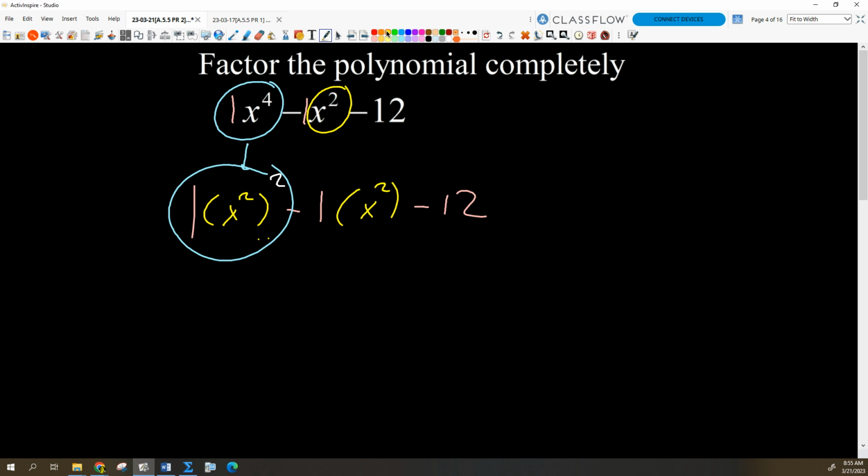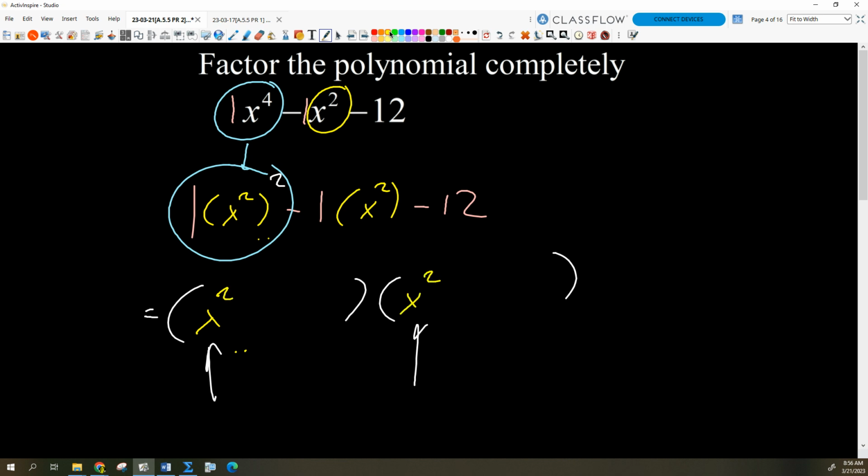And so now if I were going to factor this thing, Abby, what's going to have to go there and there? X squared, yeah. Because when I distribute, I've got to end up getting x squared squared, which is the same as x to the fourth, right? So these would have to be x squareds.